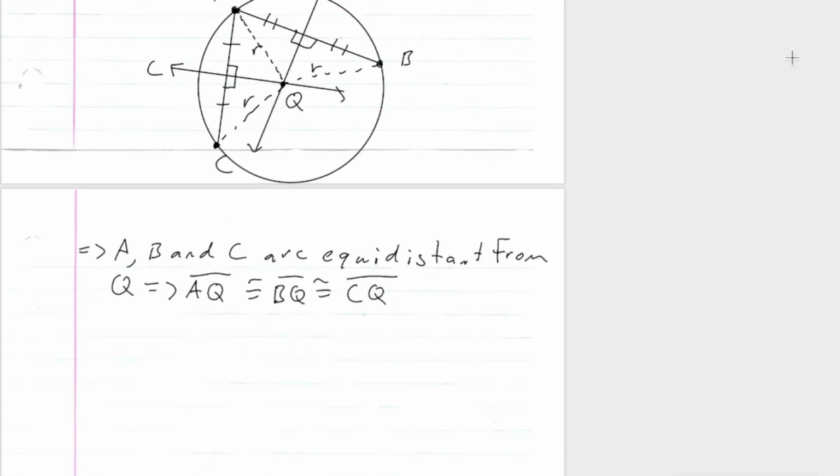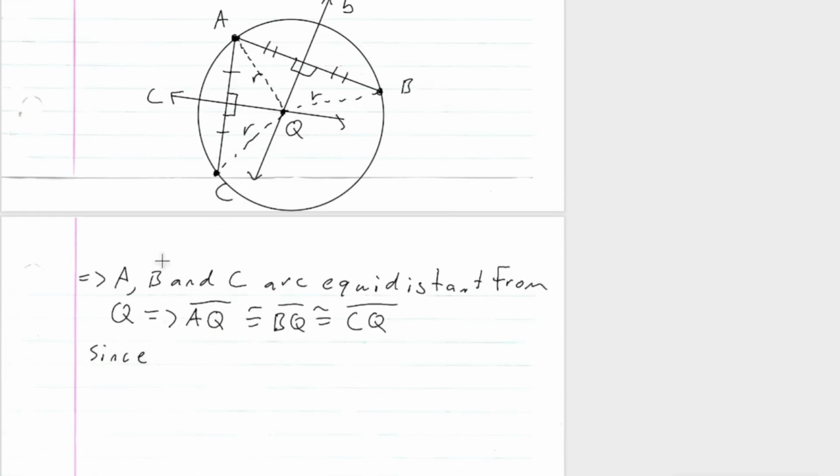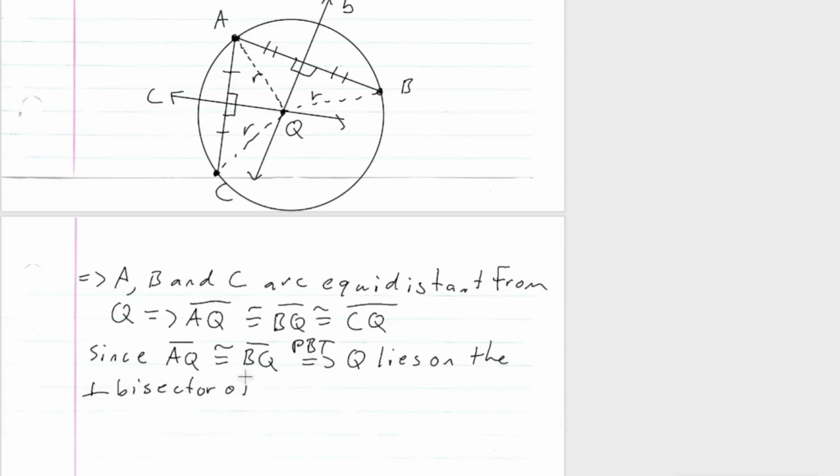Okay, so since AQ is congruent to BQ, right? This implies by the perpendicular bisector theorem that Q lies on the perpendicular bisector of AB, right? So AKA, this means that Q is on line B, right?